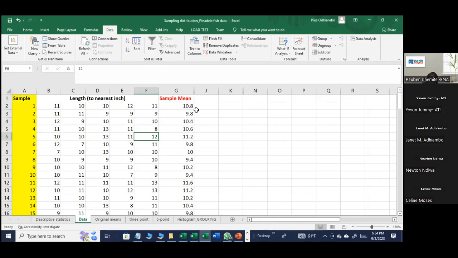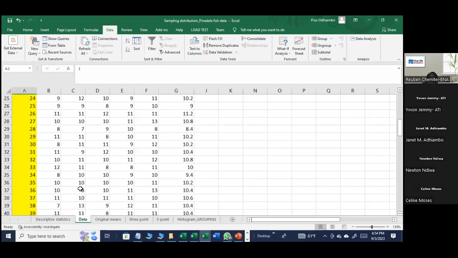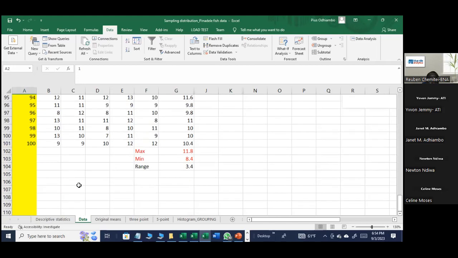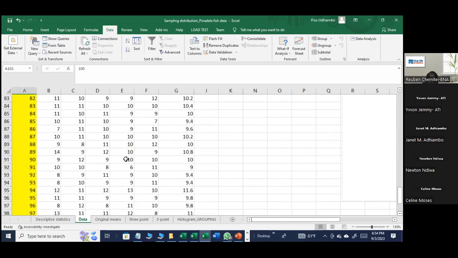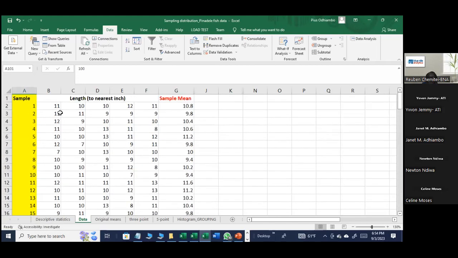Now, once I have the sample mean for each, so supposing, for example, different people were picking this sample 1 up to 100. I have from sample 1 up to 100 here. Now you can see that what we have here is 100 samples picked probably by different people, and then we get the mean.